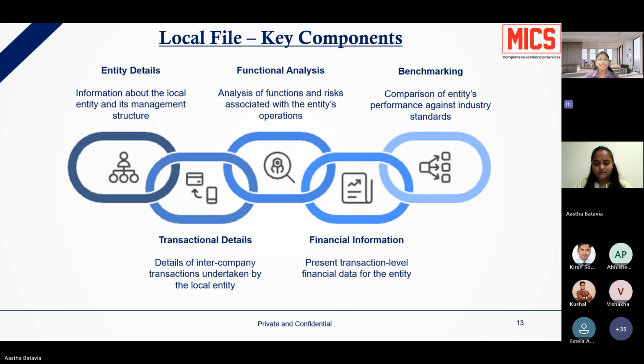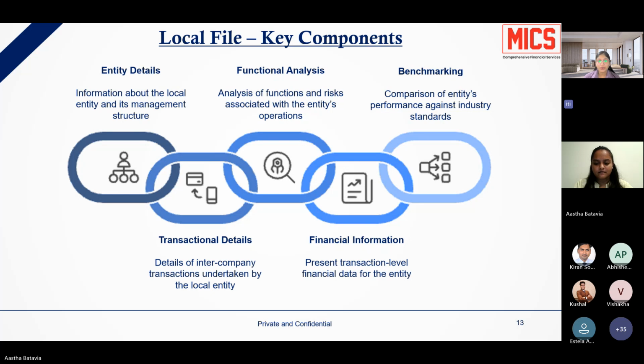So it basically provides a mini business profile with clear roles and responsibilities. The other component of the local file is transactional detail. The transaction details are your intercompany transactions like payment for services, sales of goods, or maybe loans, etc.